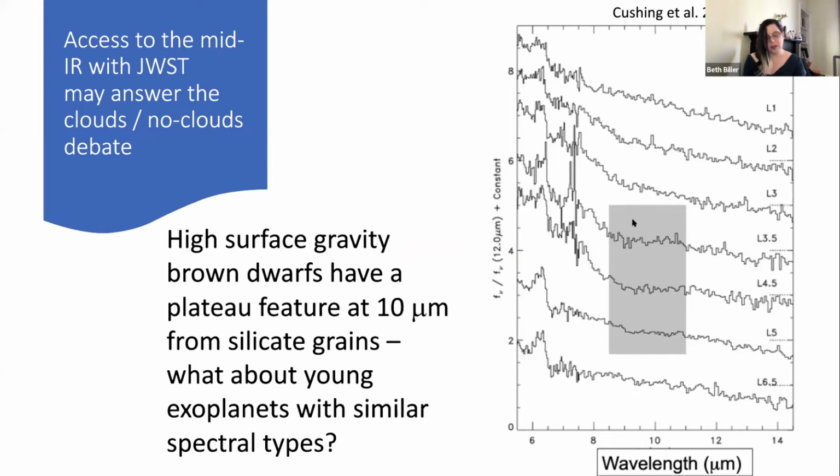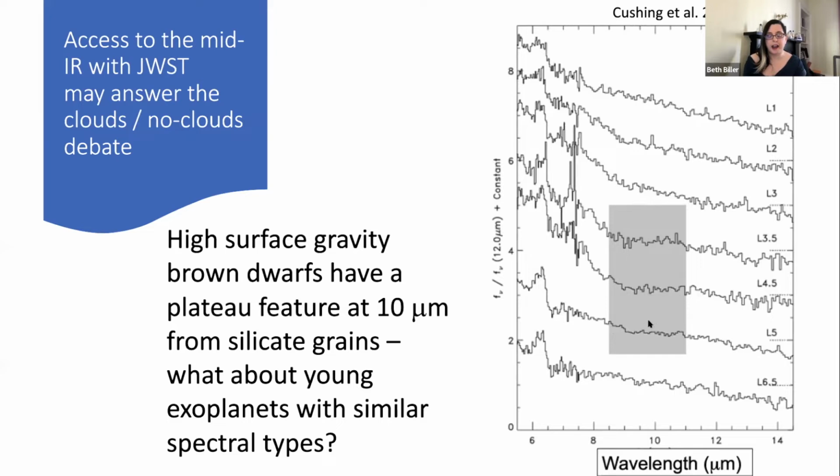And again, we look towards brown dwarfs for how to do that. On the right here are Spitzer spectra for L-type brown dwarfs from Cushing et al. 2006. If you look in the mid-Ls, there is this plateau feature instead of a sloped feature here, which Cushing et al. attribute to small silicate grains.